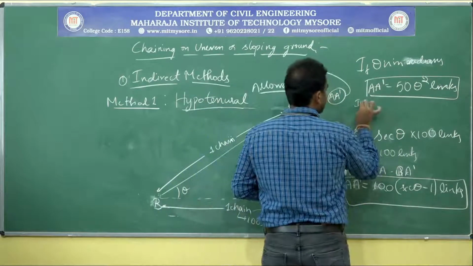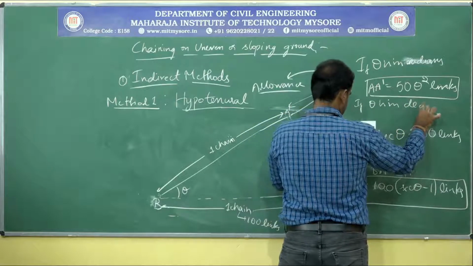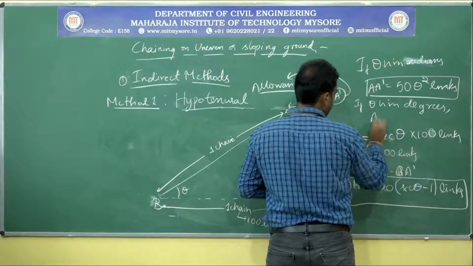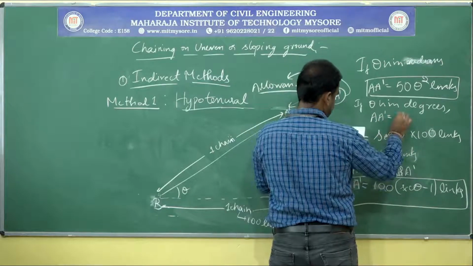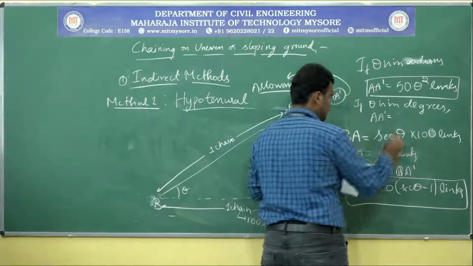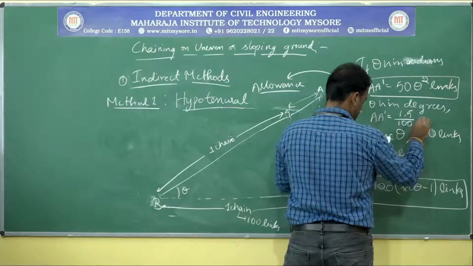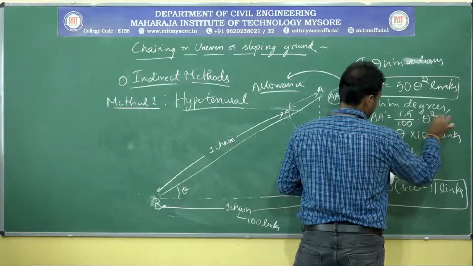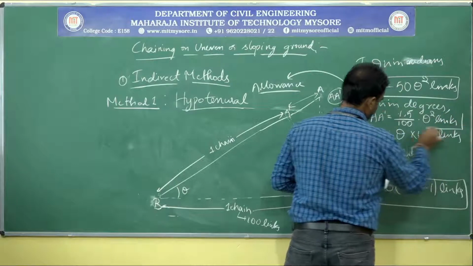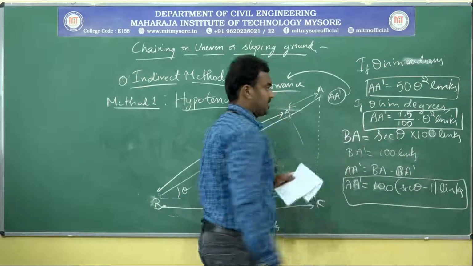If theta is in degrees, then A dash can be simplified by expanding secant theta minus 1, we can write it like this, that is 1.5 divided by 100 into theta square links. So this is another formula we have.